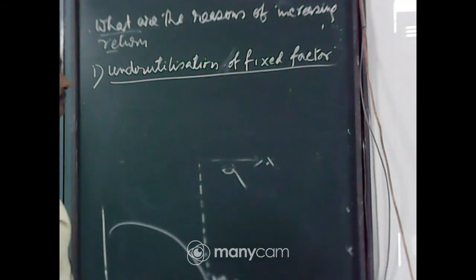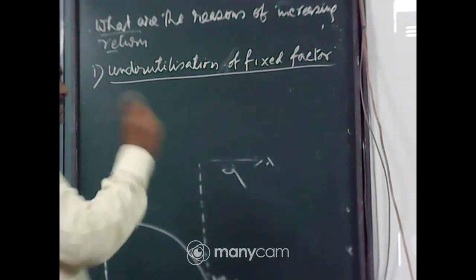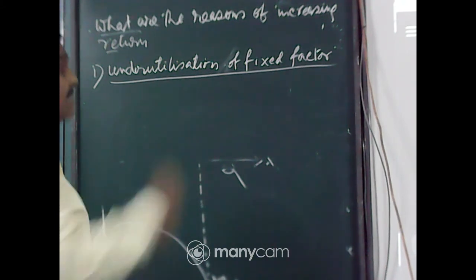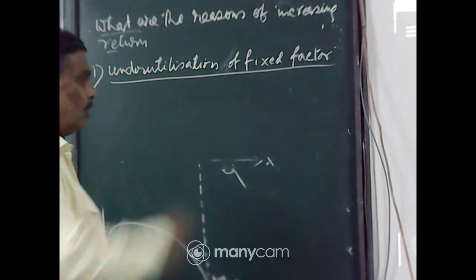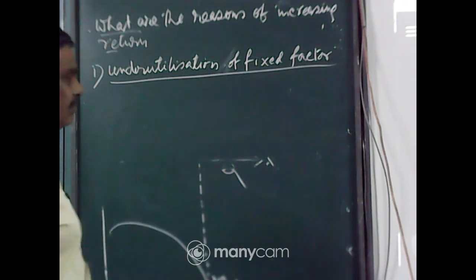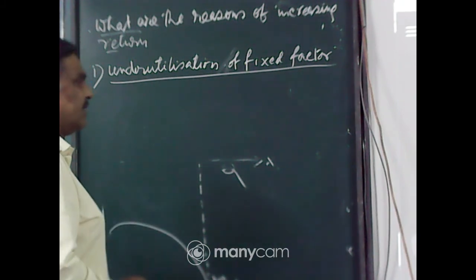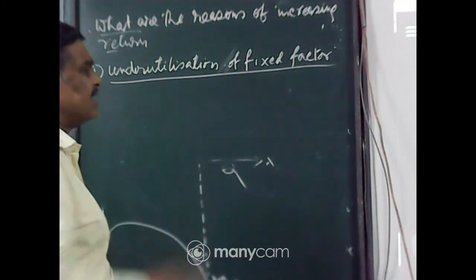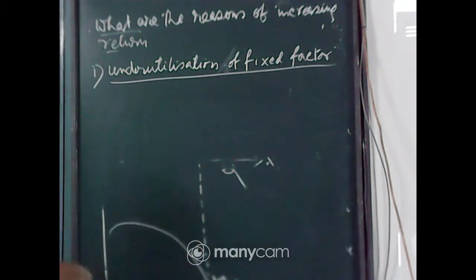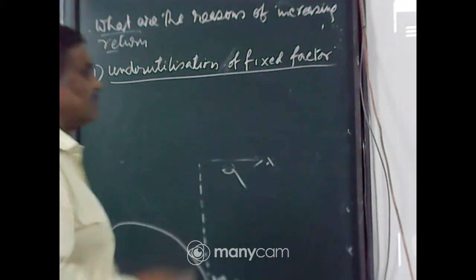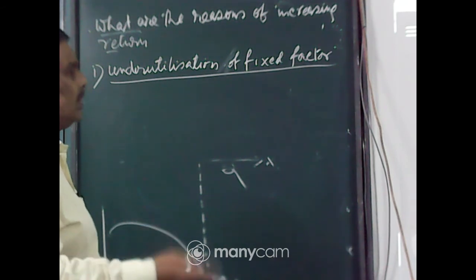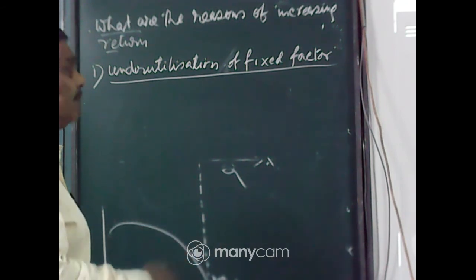Suppose you have a fixed factor like a tractor. You belong to the village area, so tractor is a good example. A tractor can cultivate, suppose, 5 bighas of land per day, but you are cultivating only 3 bighas per day because you have no more land. So you are cultivating slowly. What does it mean?